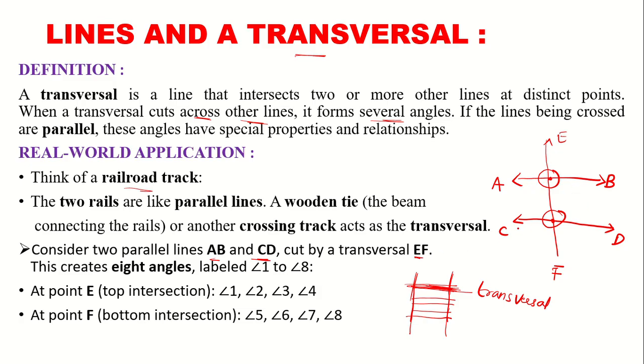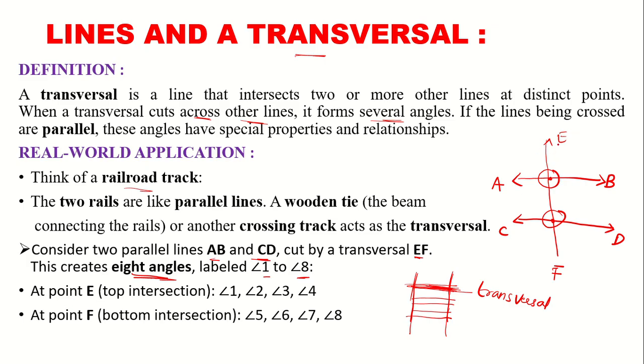This creates 8 angles. So when this transversal line cuts through these two lines, it creates how many angles? It creates 8 angles, which are labeled from 1 to 8.